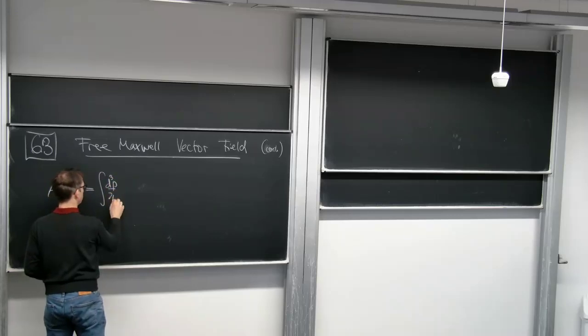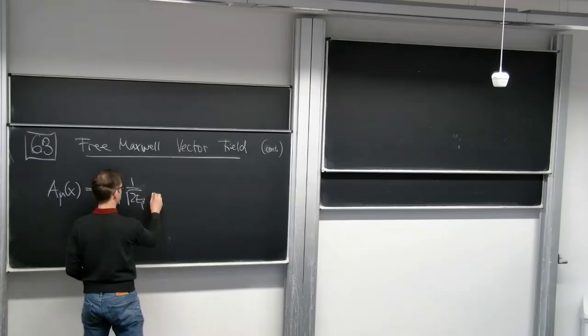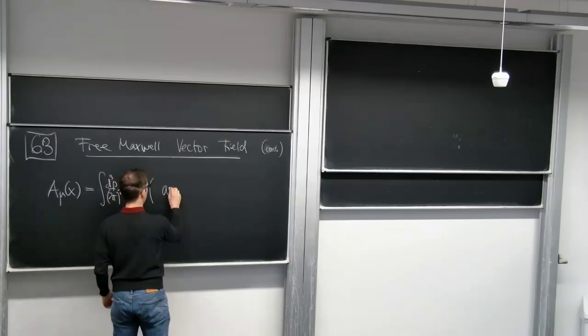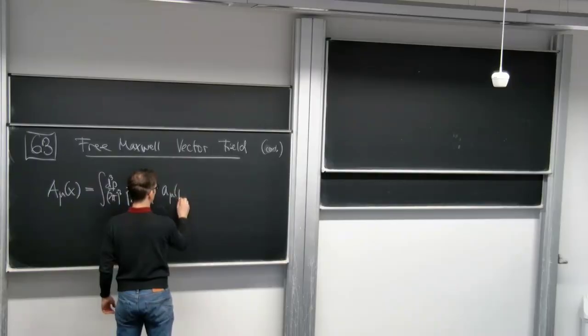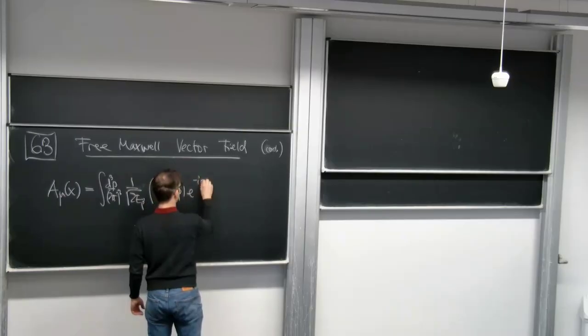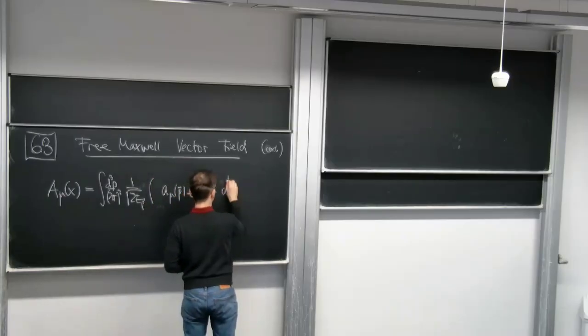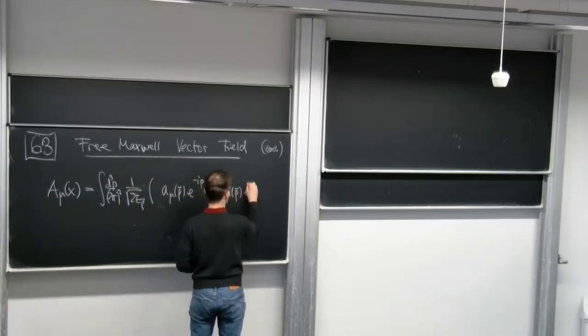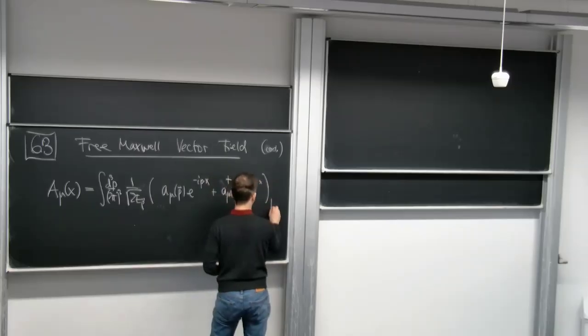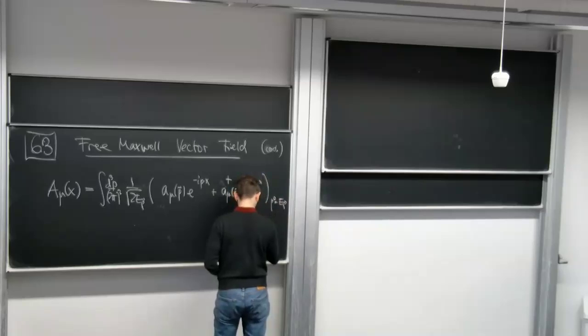So this would be the integral d^3p over (2π)^3, with this beautiful normalization, and then we had a^μ(p) e^(-ipx) plus a^†μ e^(+ipx). p^0 is E_p, and E_p for the massless field is just the absolute value of the momentum.